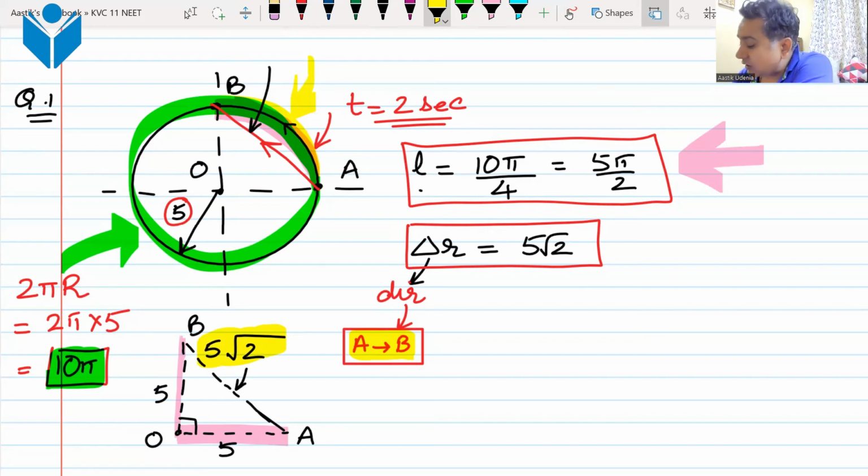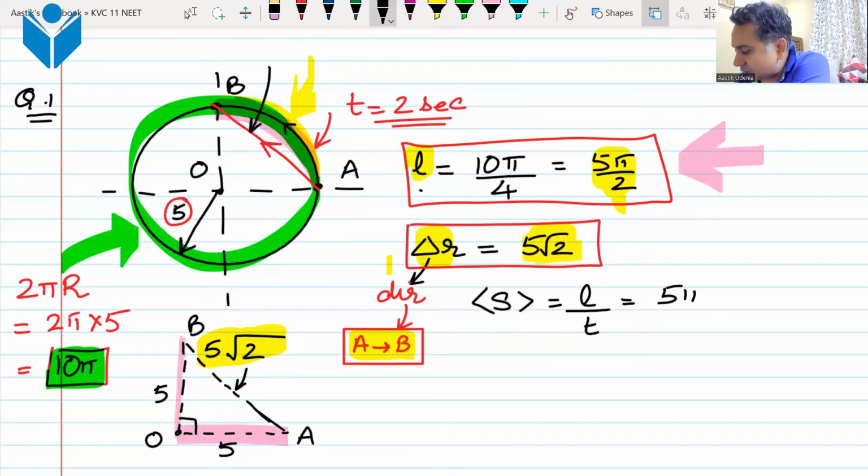Okay, so I've got the distance and I've got the displacement. Now I can calculate average speed. Average speed is total distance divided by total time. Total distance is 5 pi by 2. Total time, you can see here, is 2 seconds.